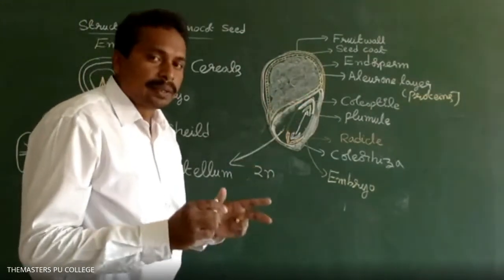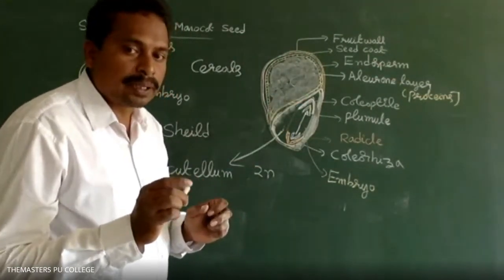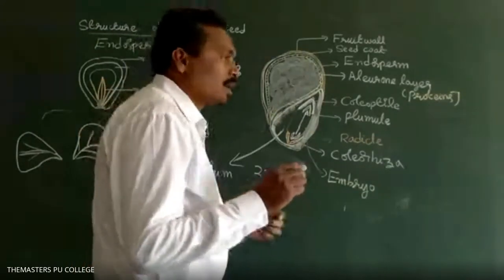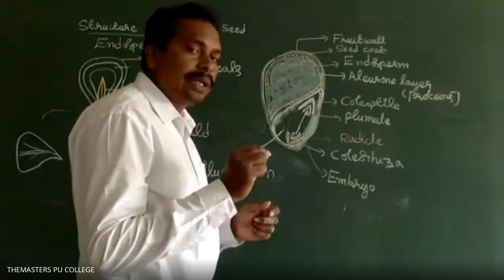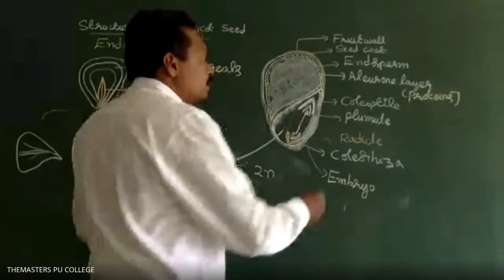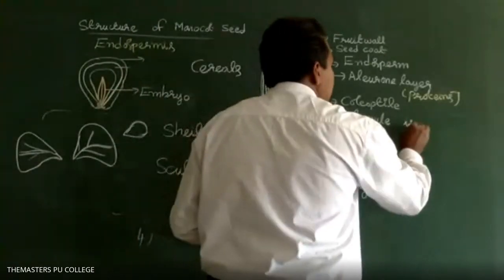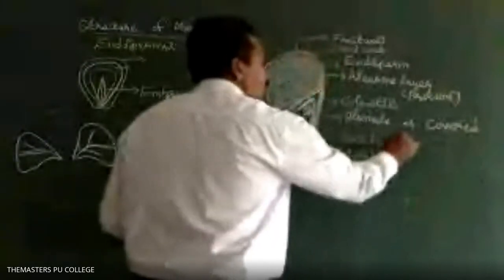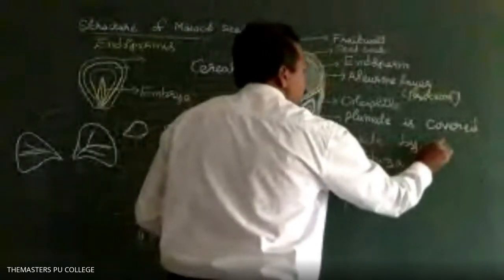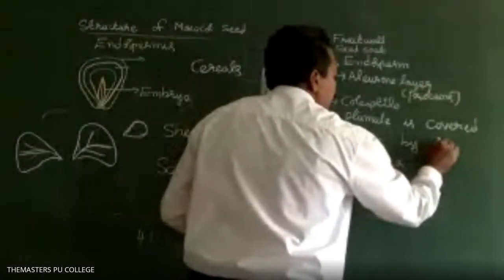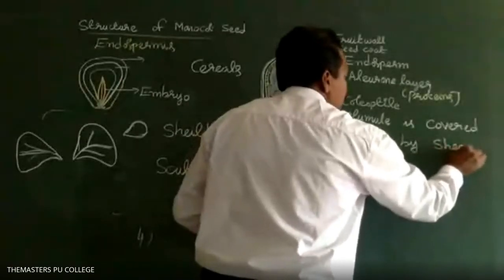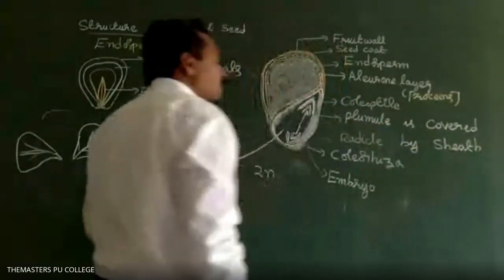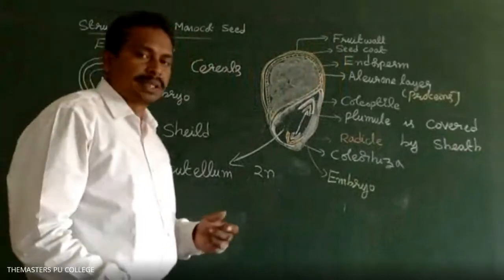Is it clear now? Do you have any notes regarding this coleoptile? Could you repeat the definition of coleoptile? In a monocotyledonous seed, the plumule is covered by a sheath.